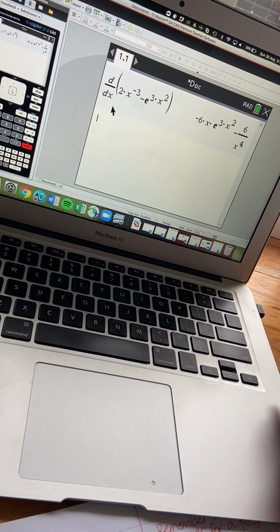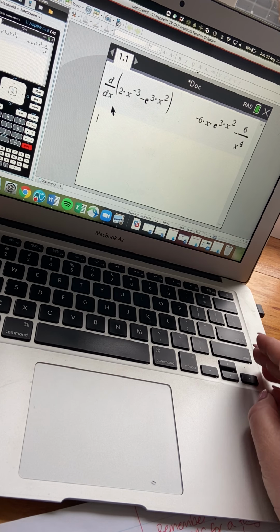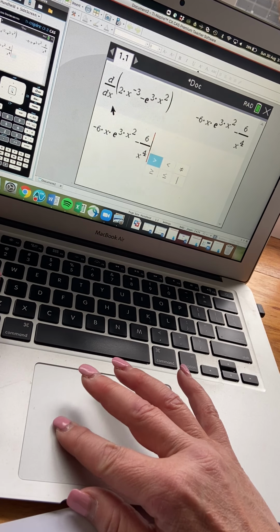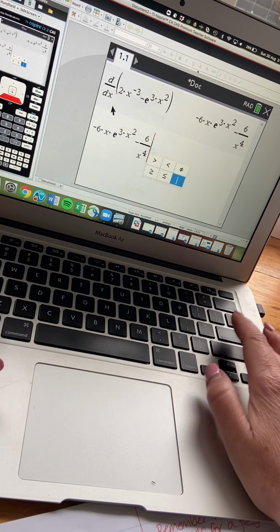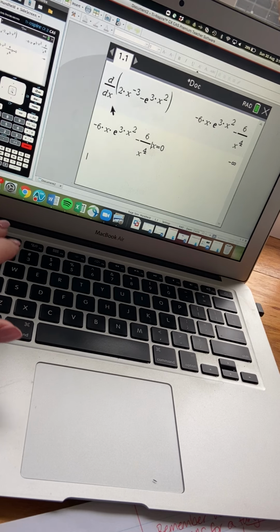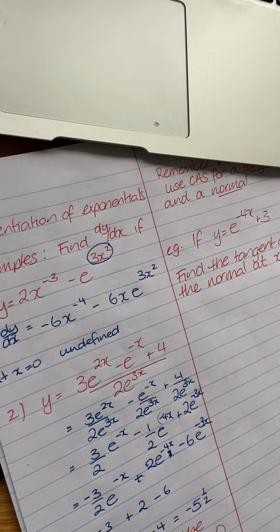The derivative of that is what we got, and then we can say, what is the value of that given that x is 0? And hopefully it'll say minus infinity, we said undefined, same deal. The next one we can check too. I'm not going to do that because we'll get a bit bored, but you can check that yourself.